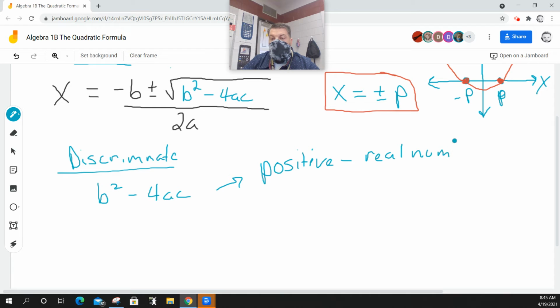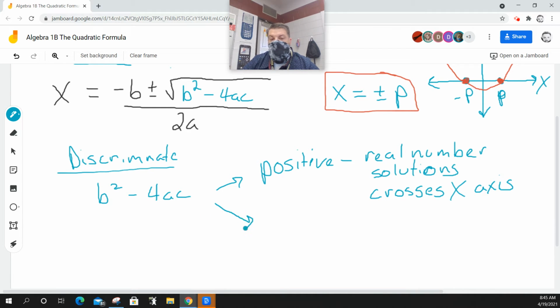So if it says real number solutions, that means that it crosses the x-axis.